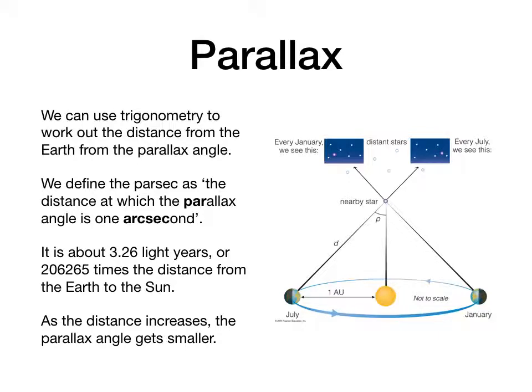So what we do is we measure parallax angles that are all fractions of an arc second. So we define a distance unit called the parsec. The parsec is the distance at which a star would have a parallax angle of 1 arc second.